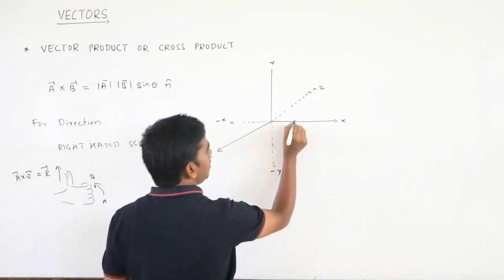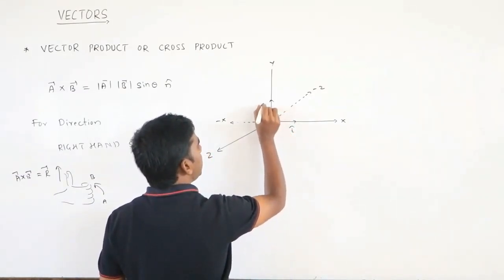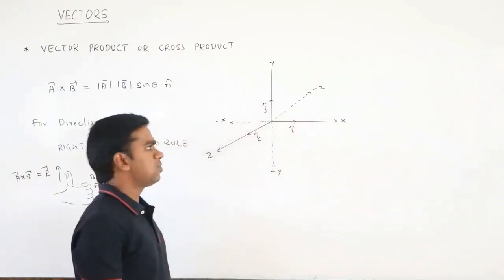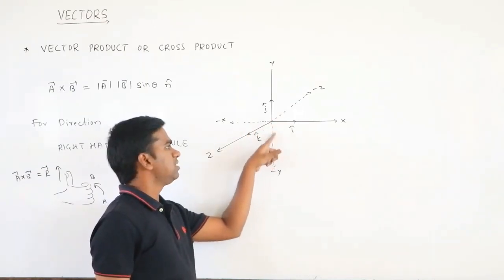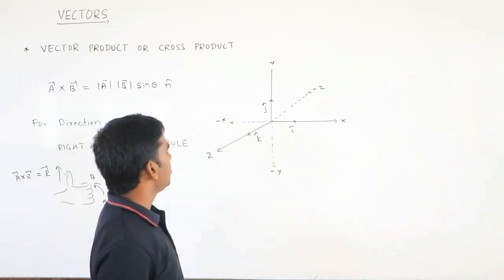Here the unit vector is i cap, here j cap, here k cap. What is the unit vector on the other side? Minus i cap, minus j cap, minus k cap. That is what you understand from the coordinates.